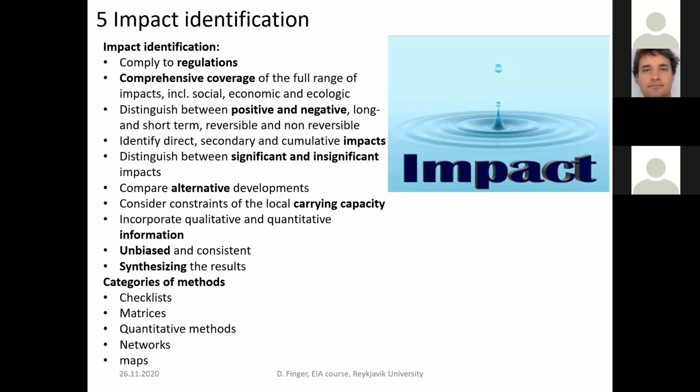And of course, now to identify the impacts, the easiest or most evident way of identifying the impacts is simply by looking if your project complies with the regulations, with the legislation, if you fulfill the legal requirements. That is, at least from a discussion point of view, a very easy exercise, because either you comply with the regulation or not. It's more or less a yes or no discussion if your project is within the regulations.